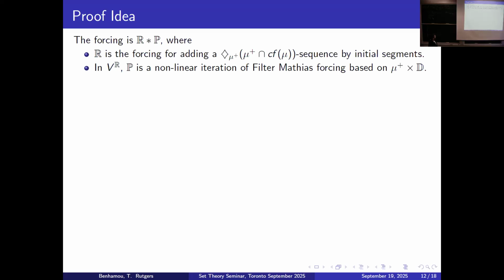Just to describe what a nonlinear iteration is, let me assume I'm already given a sequence of names of filters. Afterwards I'm going to define these names of filters, but just to give you the sensation of what the nonlinear iteration is and what it does. The basic component is what we call Mathias forcing with respect to a filter F. The elements are pairs (a, A) with a in omega to the less than omega and A in the filter.